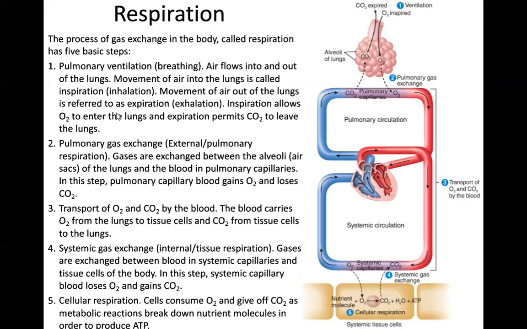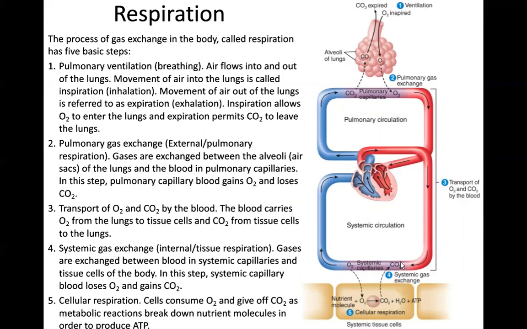So we've brought the oxygen into our lungs, into our alveoli. Now we need to bring it into the blood, and we need to remove CO2 from the blood into our alveoli.